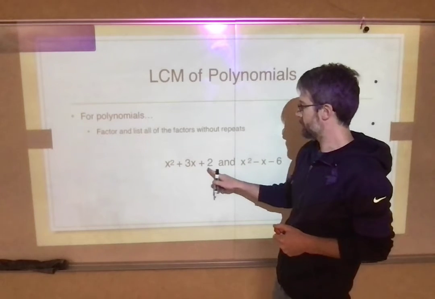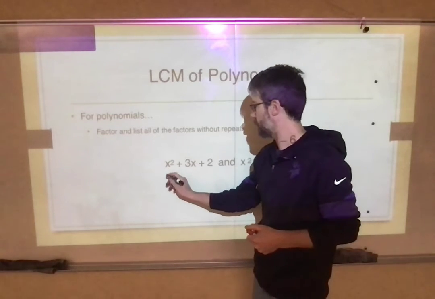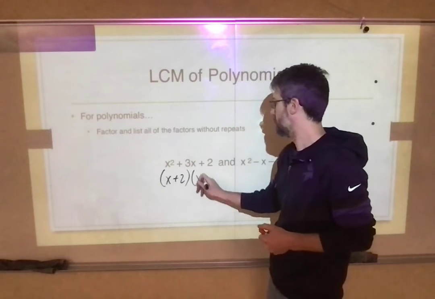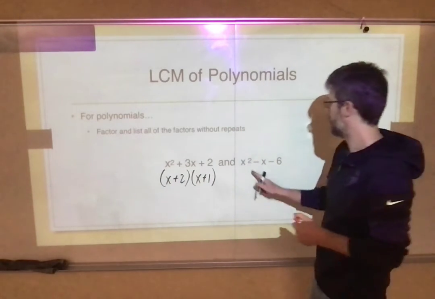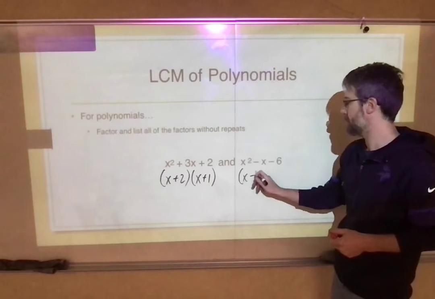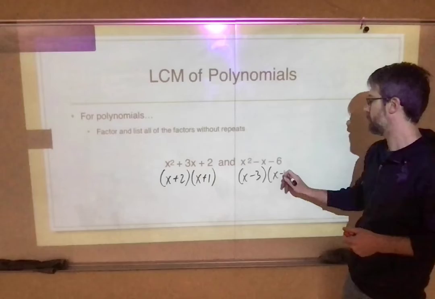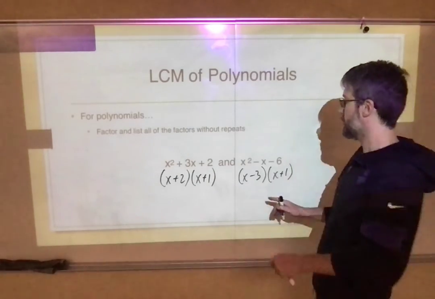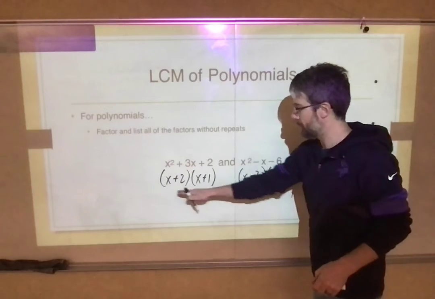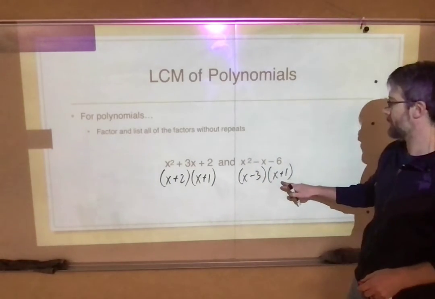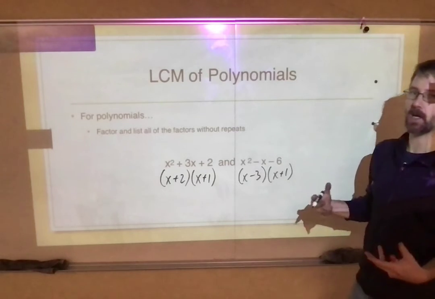This is, okay, multiplies to 2, adds to 3. That is going to factor to x plus 2 and x plus 1. This one multiplies to negative 6, adds to negative 1. That is going to be x minus 3 and x plus 1. So the least common multiple between these two isn't the product of the whole thing. I don't need to multiply an extra x plus 1 for this least common multiple.